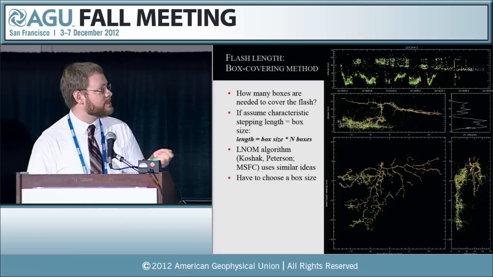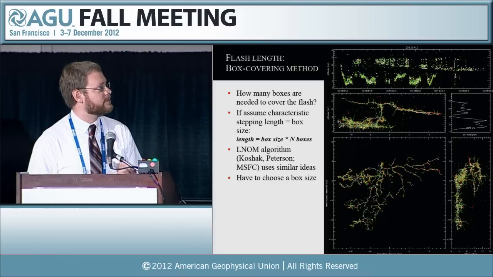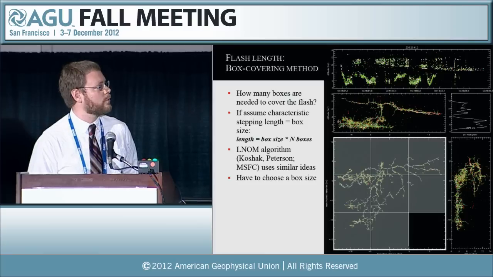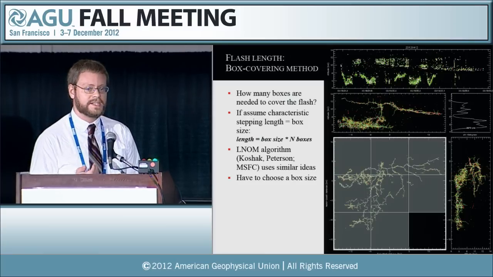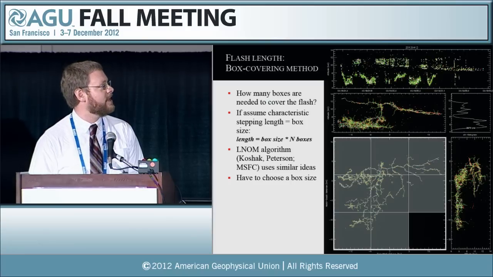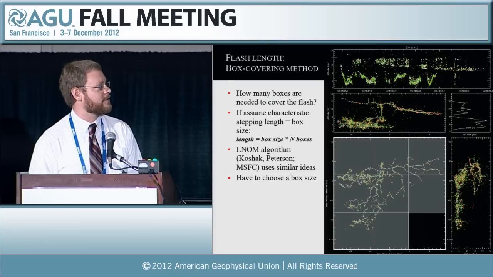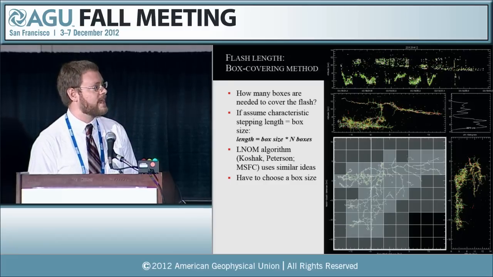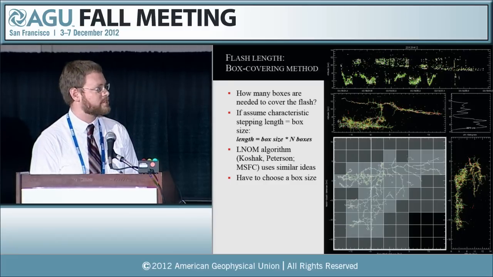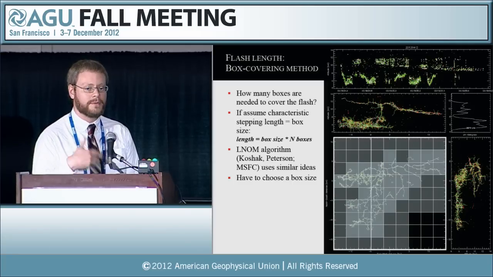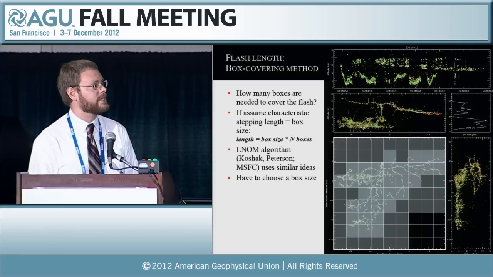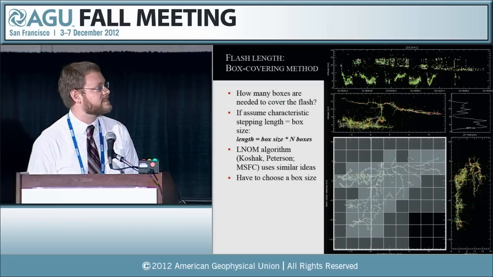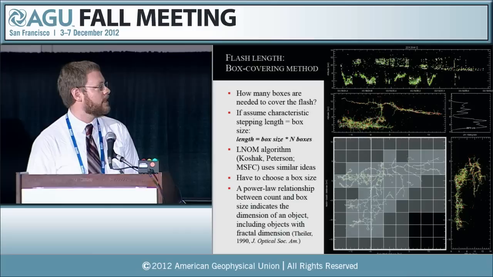We have to choose a box size, of course, in order to do this, and there's maybe some physical assumption in there, as well as maybe something about the way the network works. This box size would obviously be far too large, and so we cover the flash with 8 of these giant boxes. We could go down to a smaller box size, and you start to actually pick up some of the branched structure of the channel, and you could imagine continuing this process iteratively down to a smaller minimal box size of your choice.